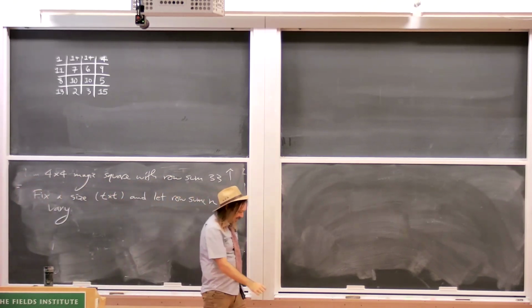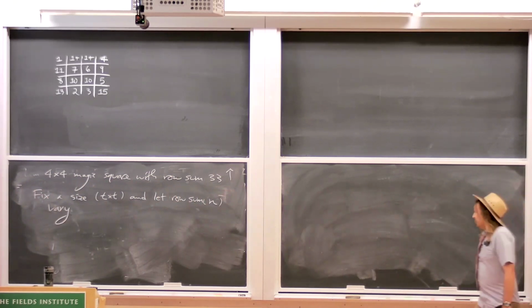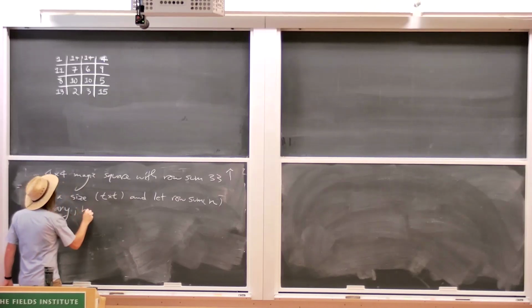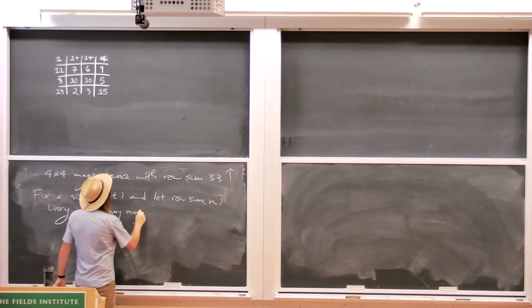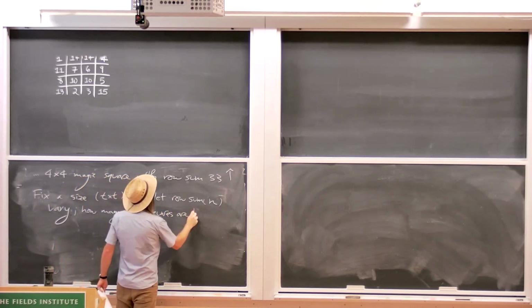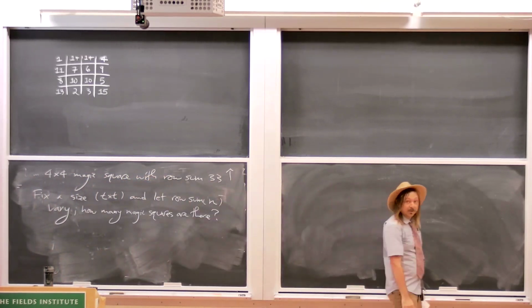So fix a size, t by t, and let the row sum, n, vary. One can ask how many magic squares there are.